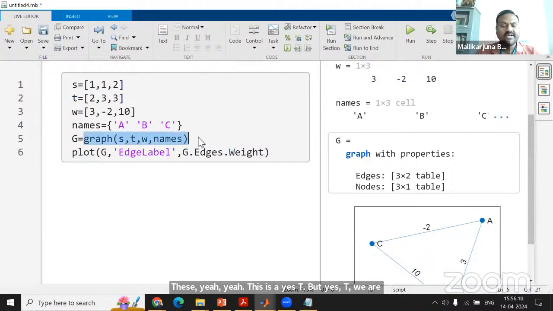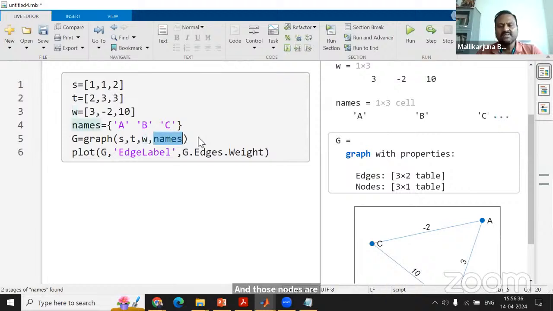We already defined the graph in G. The graph information is fed with the syntax in G: all the starting points of the edges, the terminal points of the edges, and the corresponding weights, and those nodes are replaced with alphabetical letters A, B, C.